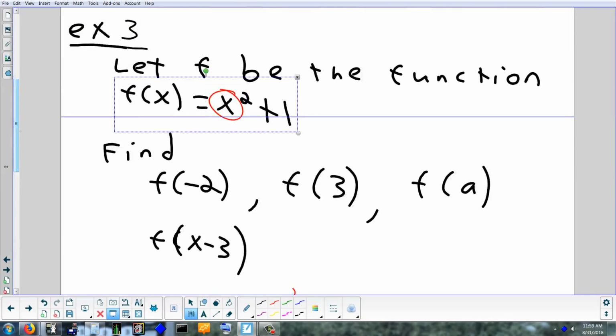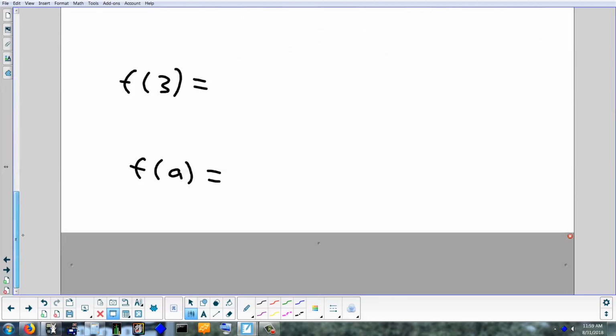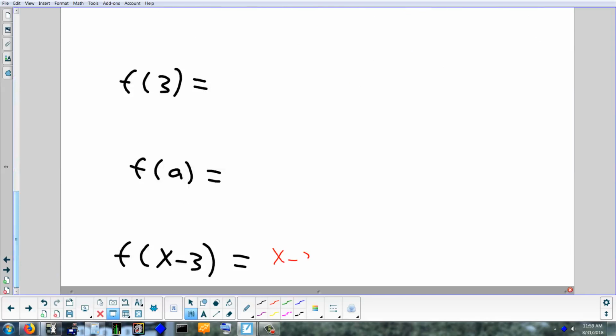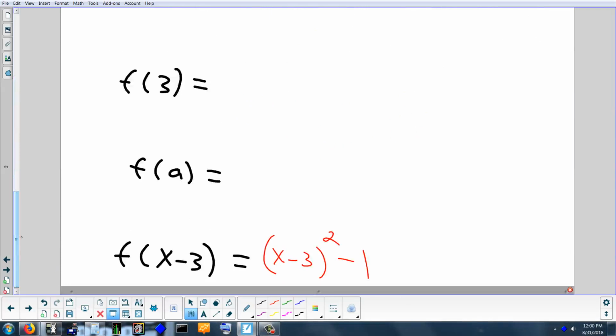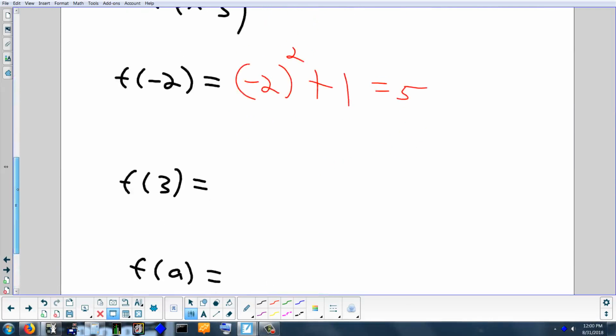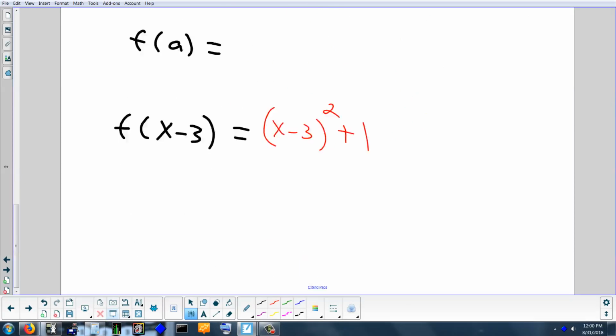If I plug in x minus 3, that's a little different. What would you have to do with x minus 3 squared? Because that's not a number. How do you do out x minus 3 squared, plus 1? Do you have to square both sides? No, we just want to do something to what's in red on the right.